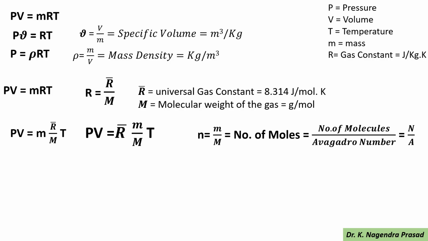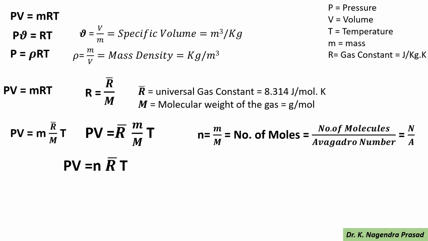And we know that small m divided by capital M represents the number of moles. So small n equal to small m divided by capital M, and which can also be written as small n equal to number of molecules divided by Avogadro number, that is capital N by capital A.